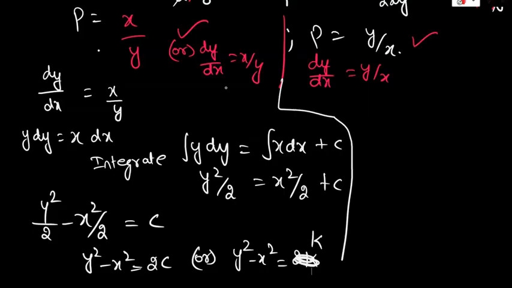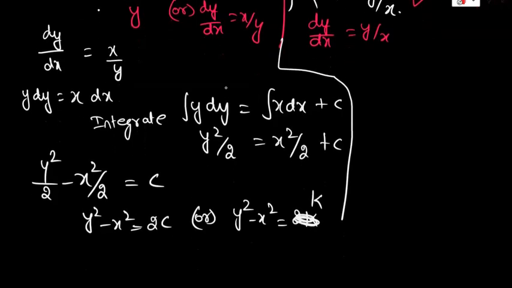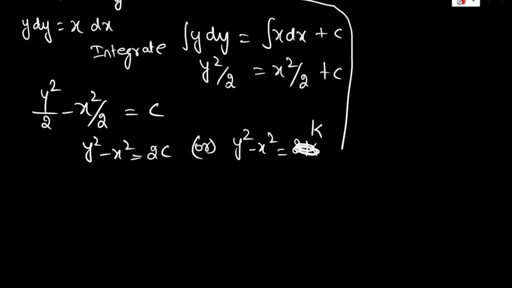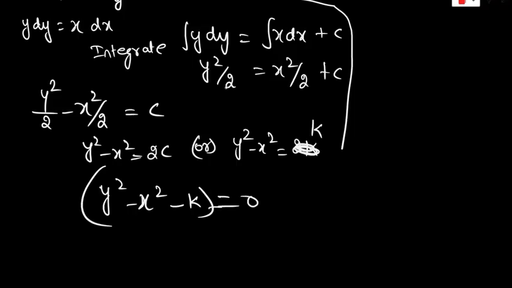Let k is equal to 2c. So your solution is y square minus x square minus k is equal to 0. This is the answer we solved for the first half.